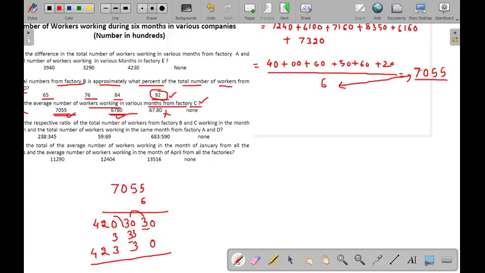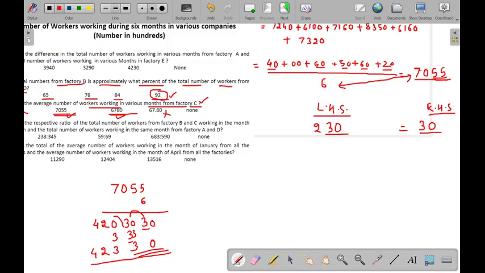It means the last two digits of the multiplication of 6 and 7055 should be 30. And if the right hand side last two digits are 30, then the left hand side last two digits should also be 30. Let us add. 60 plus 60 is 100, plus 50 is 150, plus 60 is 210, and 210 plus 20 is 230.